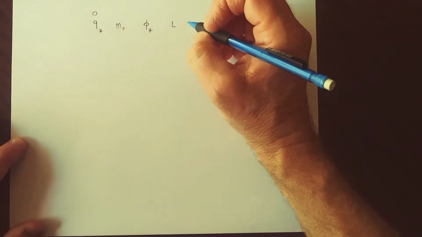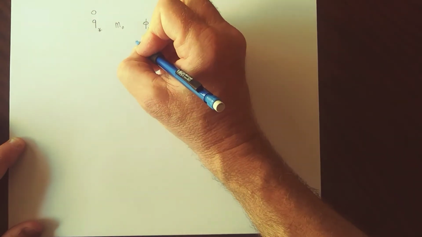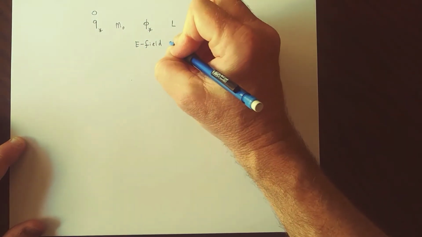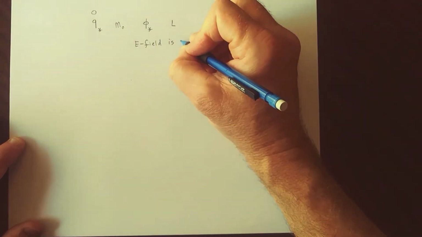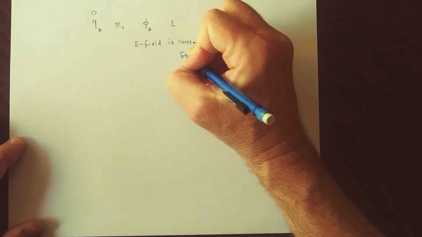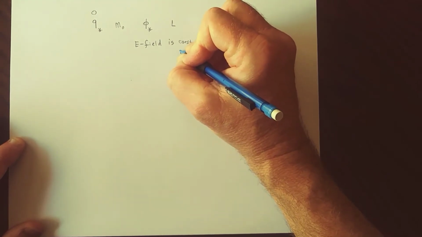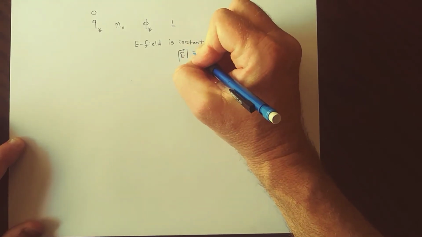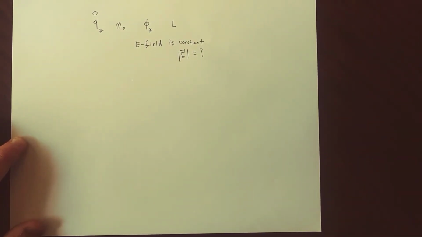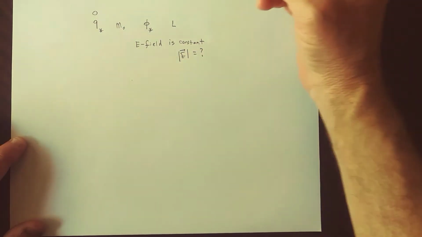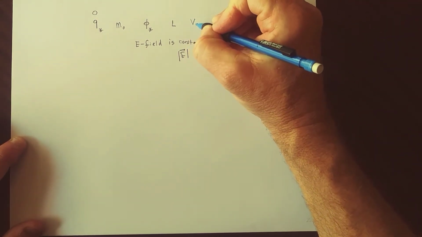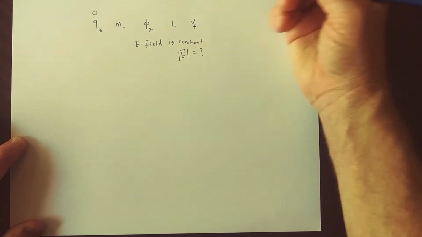And we want to know, let's say that the electric field, the E field, doesn't change with distance, so it's always some constant value, and the question is, what is the magnitude of that electric field through which the particle passed if it starts at rest and speeds up to some value, let's call it Vf for V final.